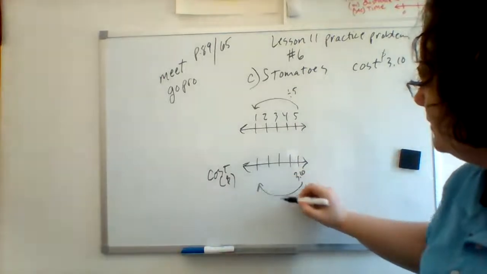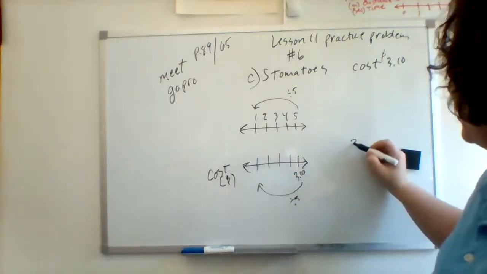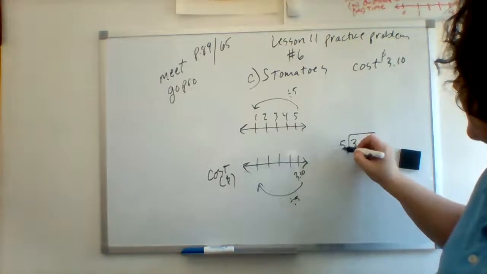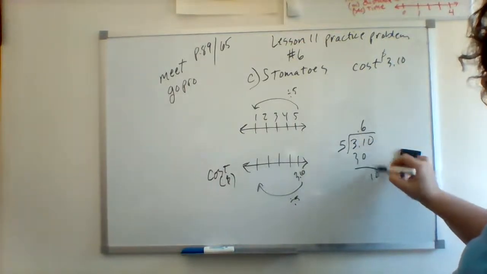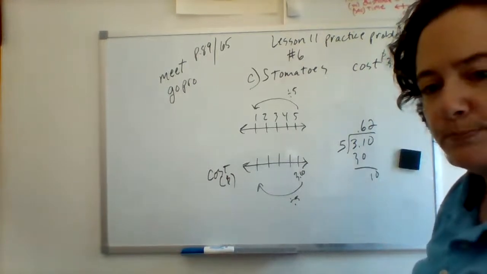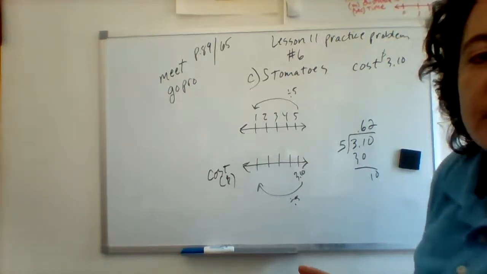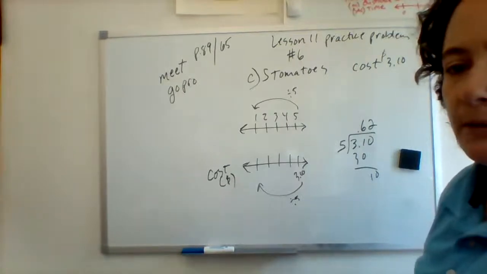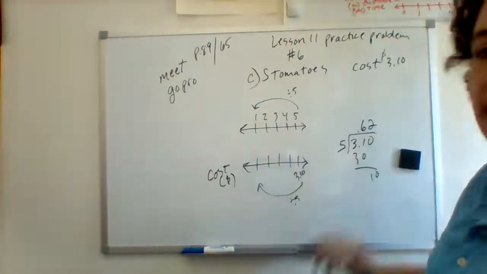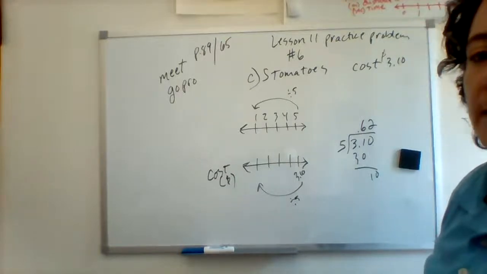So let's do it again. Let's divide by 5. $3.10 divided by 5. It's okay. This is the nice thing about this, you could watch the video from the beginning. 62 cents.